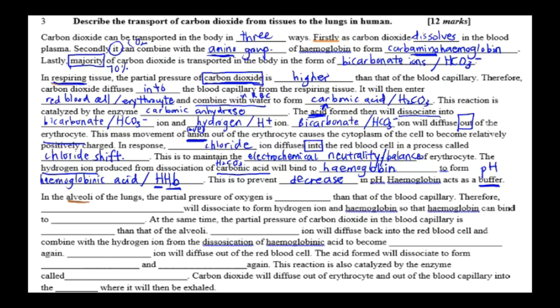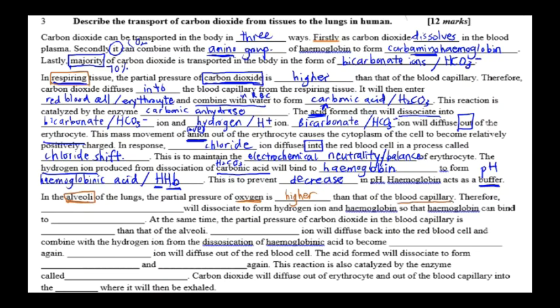Just now, we were talking about respiring tissue, and now it is in the alveoli of the lungs. The partial pressure of oxygen, of course, will be higher because we breathe in the oxygen and it's at the lungs. So the lungs will have the highest partial pressure of oxygen than anywhere else in the body. So the partial pressure of oxygen is higher than that in the blood capillary.